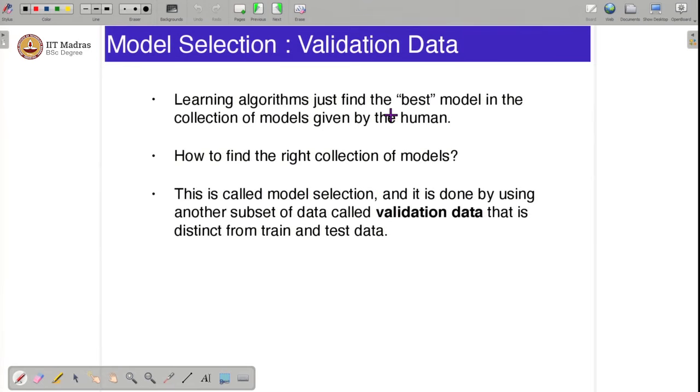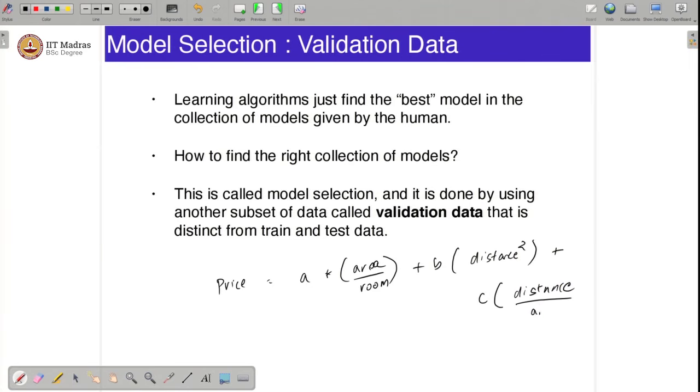Why not do something else? For example, you might just as well say price is A times area by rooms plus B times distance squared plus C times distance by area.